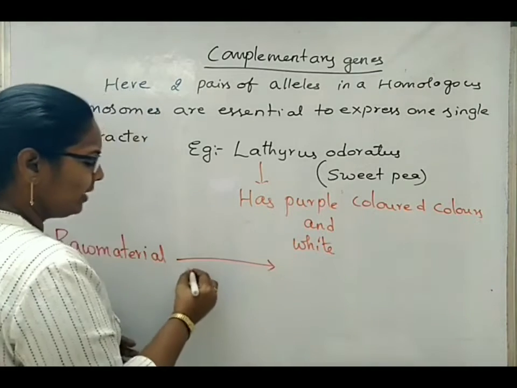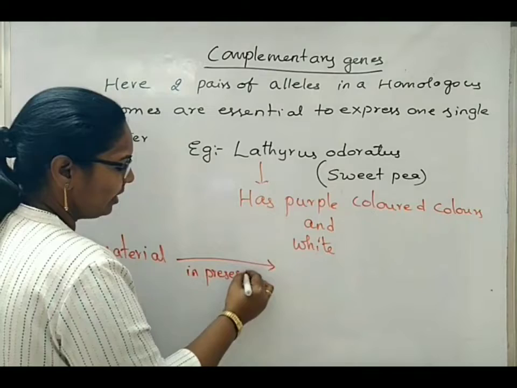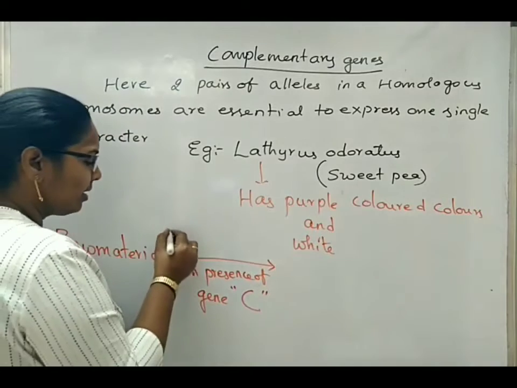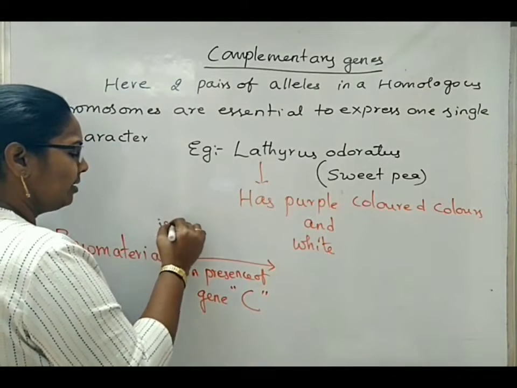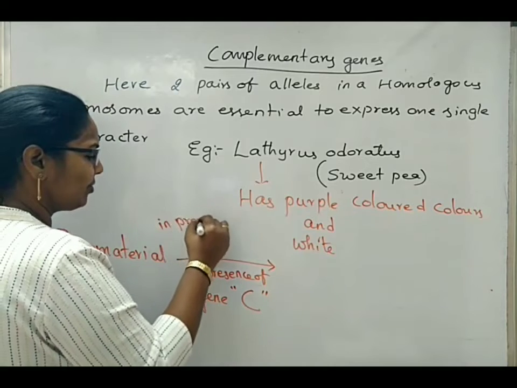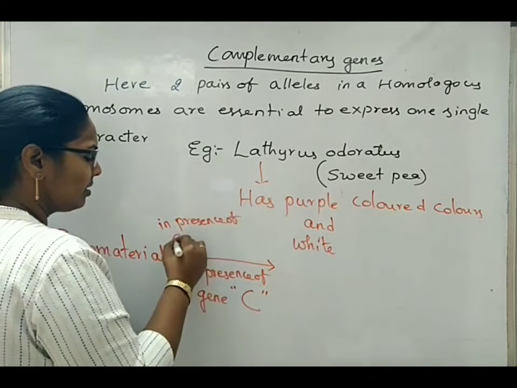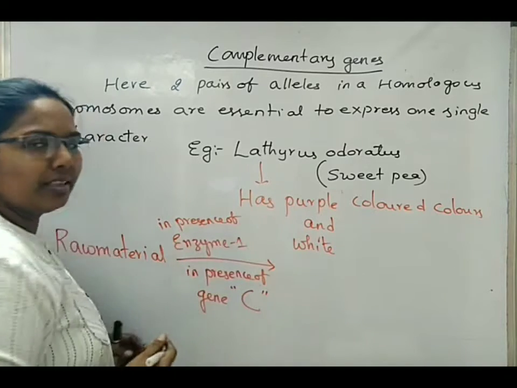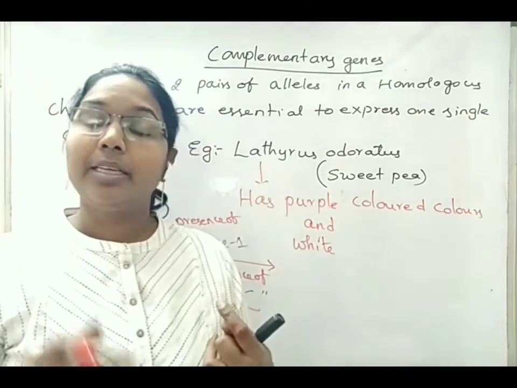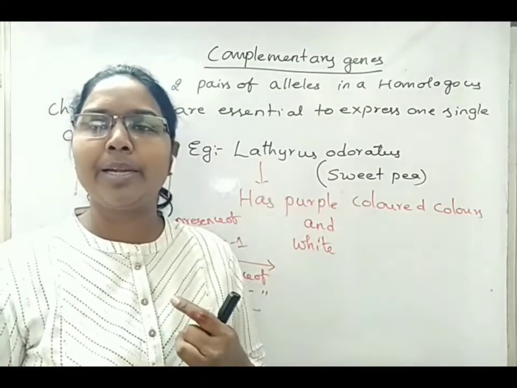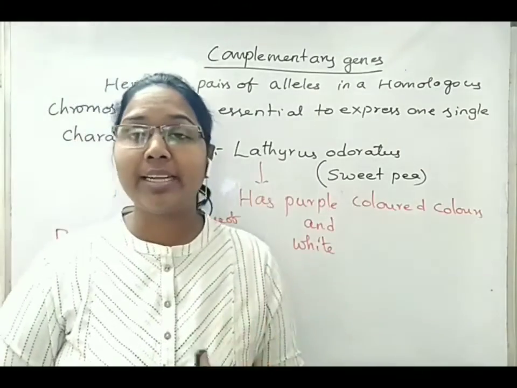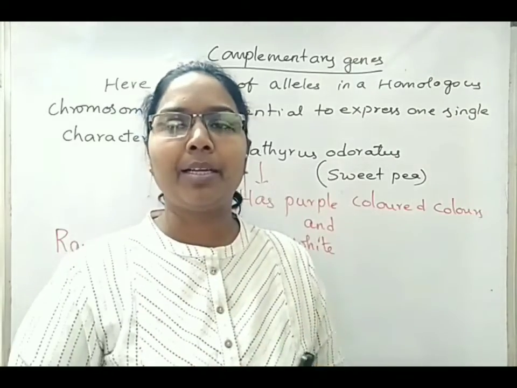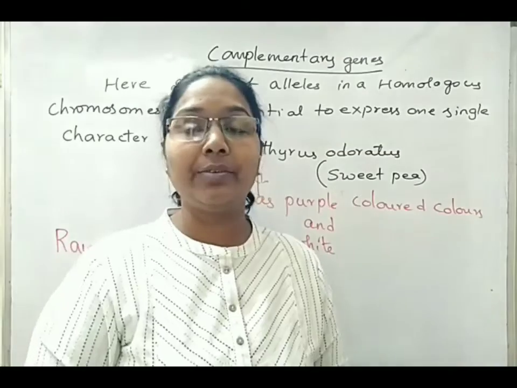That raw material, in presence of a gene, I am indicating the dominant form, and in presence of some types of enzymes, that is enzyme 1 we will write, because there are different types of raw materials. For example, in the case of chlorophyll pigment, we know that chlorophyll is made up of 4 pyrrole rings forming the head part, and in the presence of magnesium ion, they give out a green color.